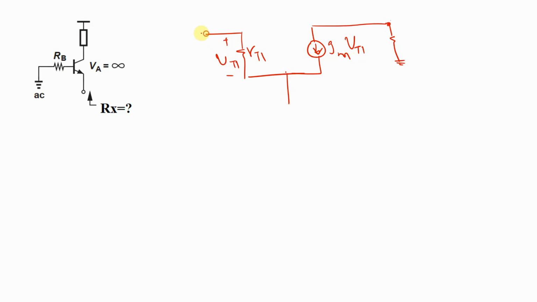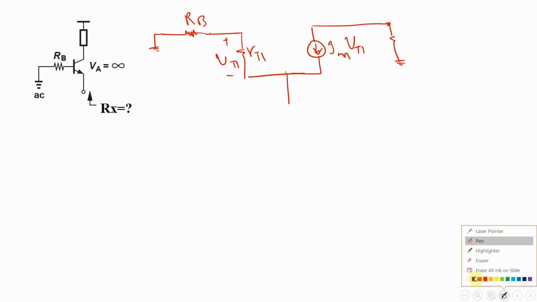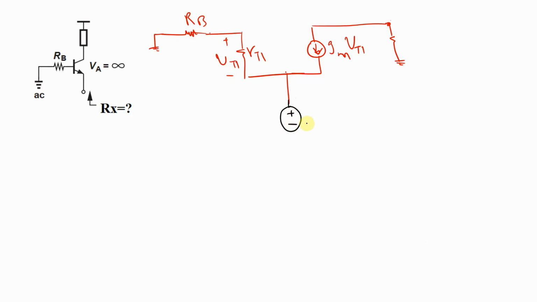And here the base is also connected to RB and then connected to the ground. And now I'm going to calculate Rx. It is important to notice where Rx is. Rx is here, from the emitter. So I'm going to put my test voltage, let's call this Vx, and call this current Ix. And I'm going to calculate Vx divided by Ix here.